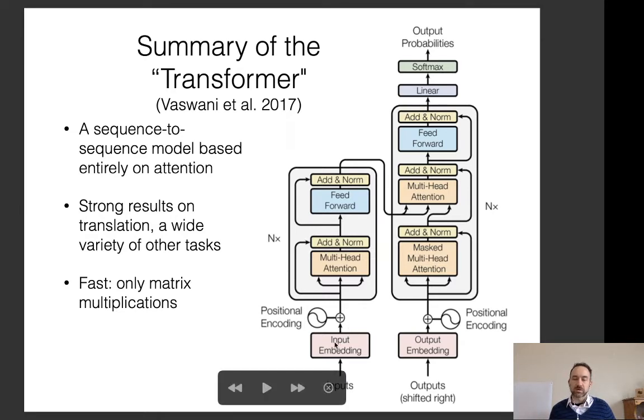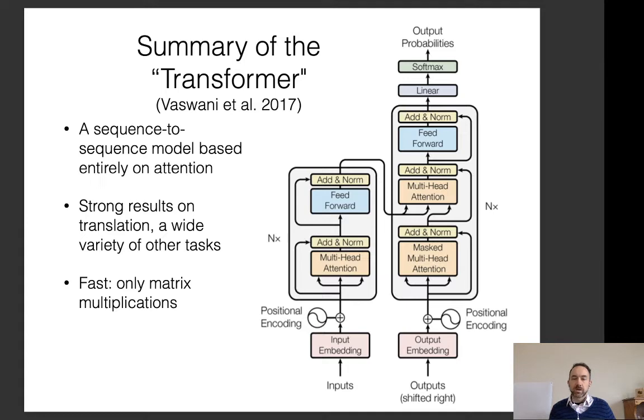So the way it works is you first look up input tokens. You add something called positional encodings, where these positional encodings essentially tell you which position the word occurs in. So position number 1 would get one position encoding, position number 2 would get another position encoding, et cetera.